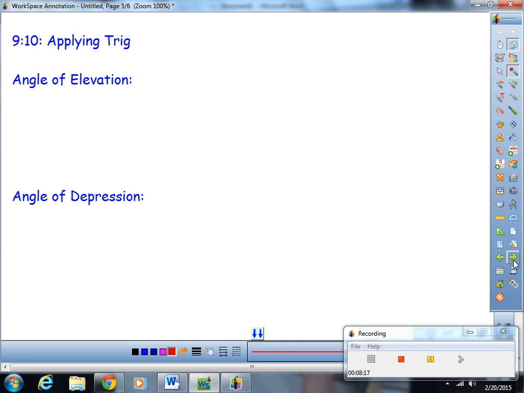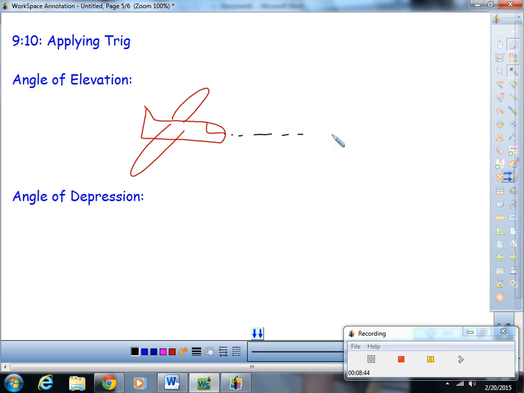All right, moving right along. The only thing new from 9-10 is this angle of elevation and angle of depression. Angle of elevation is pretty intuitive. Most students do just fine with this. So if you are flying a jet, your angle of elevation is always formed with the horizon.